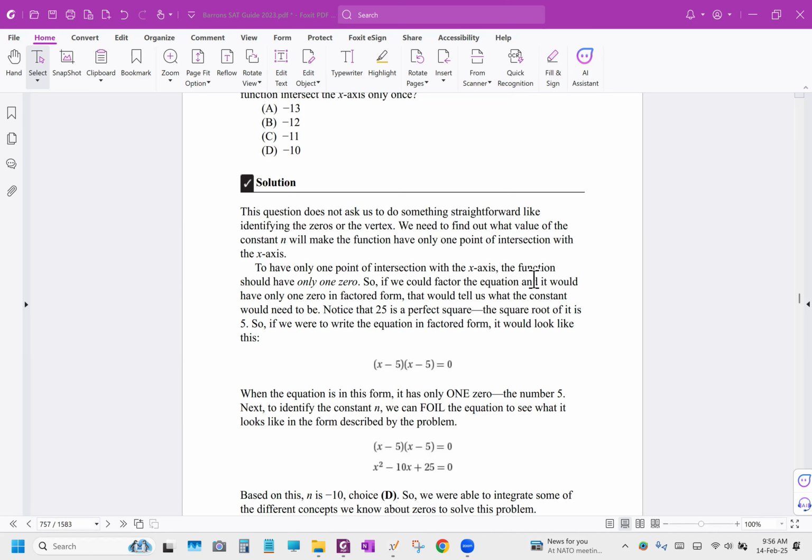If we could factor the equation and it would have only one zero in factored form, that would tell us what the constant would need to be. Notice that 25 is a perfect square. The square root of it is 5. So if we were to write the equation in factored form, it would look like this.